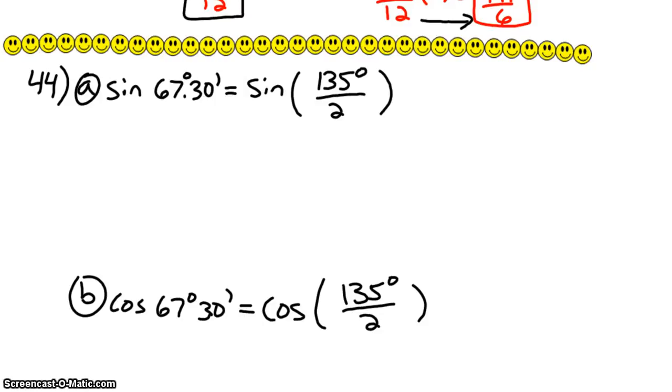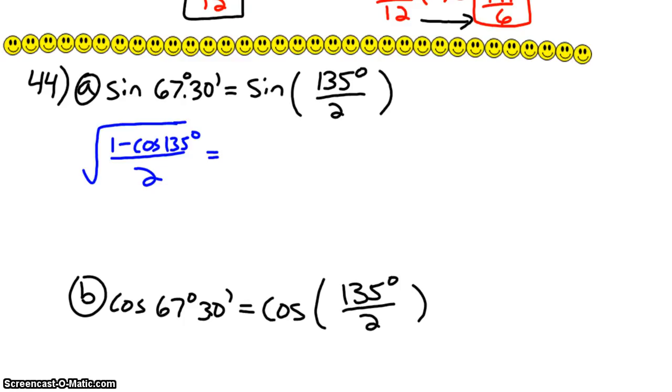So A says sine of 67 degrees 30 minutes equals sine of 135 degrees over 2. These are equivalent. So once I have this, I can work my math magic, so to speak. I'm going to have a radical of 1 minus the cosine of 135 degrees, all over 2.